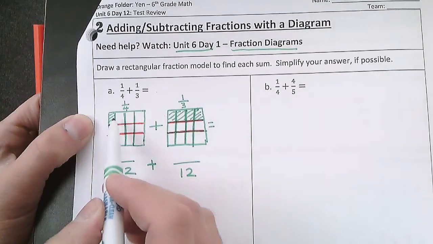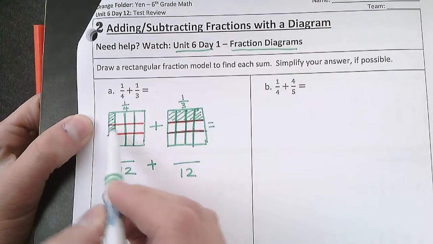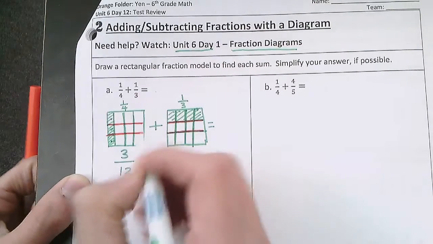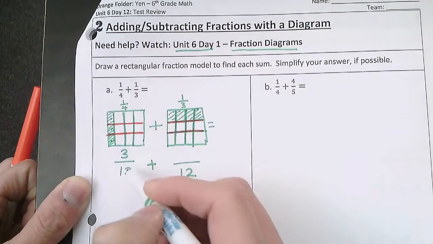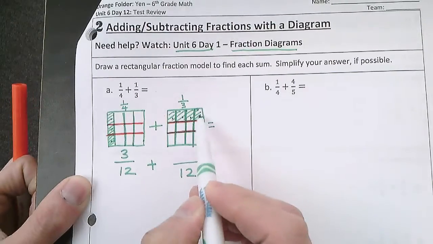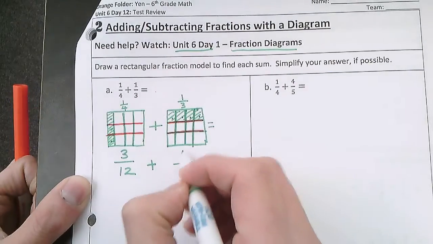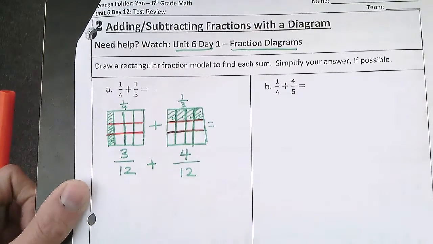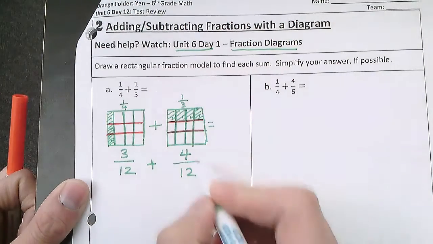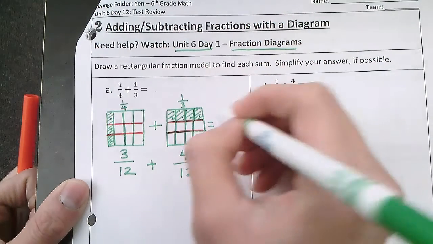So I can count, I have 1 shaded part, 2 shaded parts, 3 shaded parts on this side, so it's 3 out of 12. We just converted 1/4 into 3/12. And on the right, 1, 2, 3, 4 shaded pieces out of a total of 12, so it's 4 out of 12. So we just converted 1/3 to 4/12.